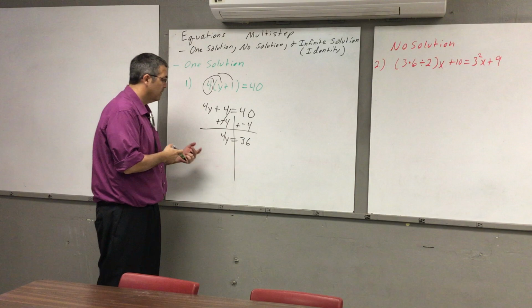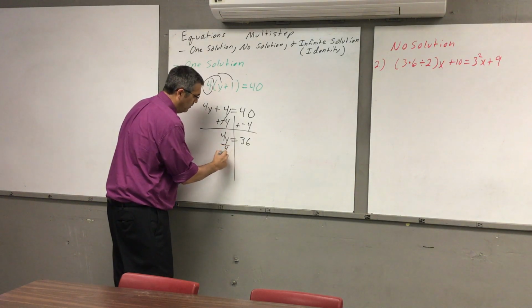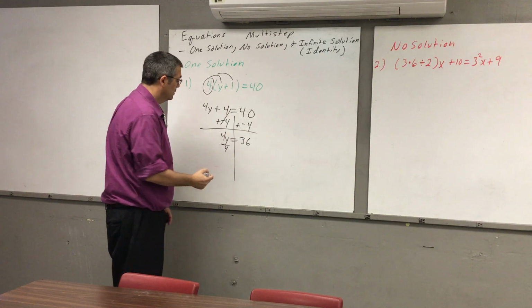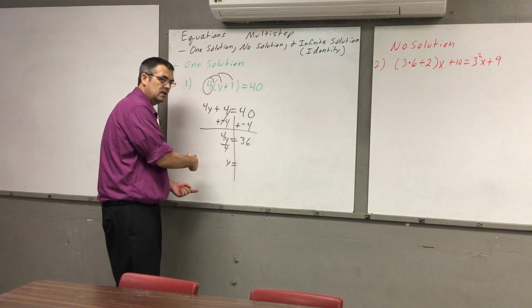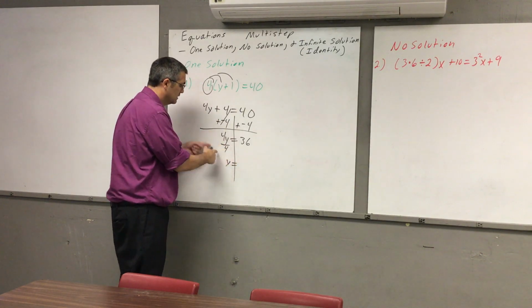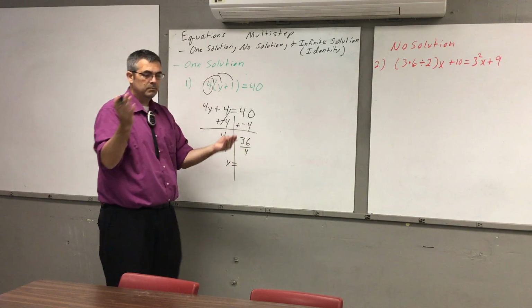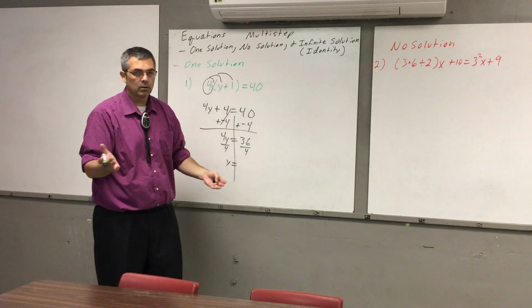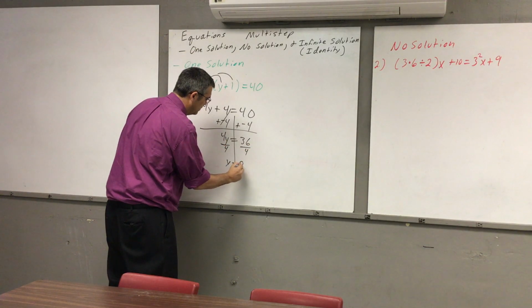So I'm going to divide by 4. 4 divided by 4 gets you 1. So that's going to leave me with the y. But what I do to one side, I must do to the other side. Since I divided by 4 here, I got to divide by 4 here. That's in order to keep this equation balanced. If you don't keep it balanced, it doesn't work. So 36 divided by 4 is 9.